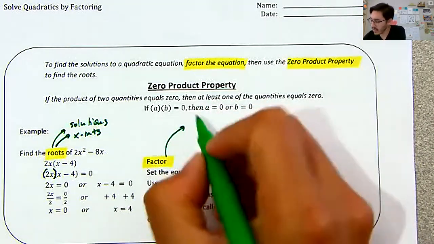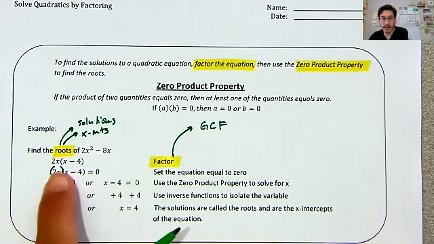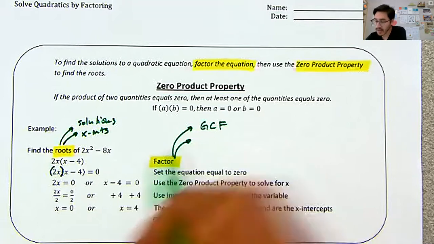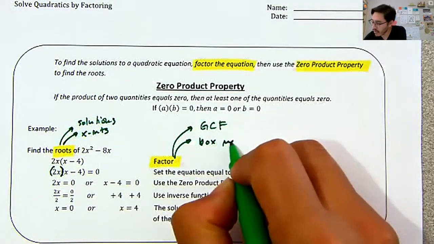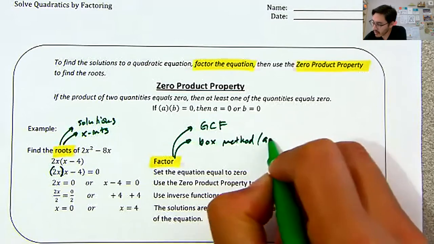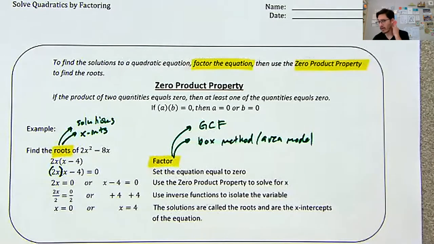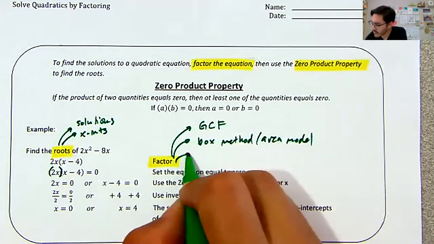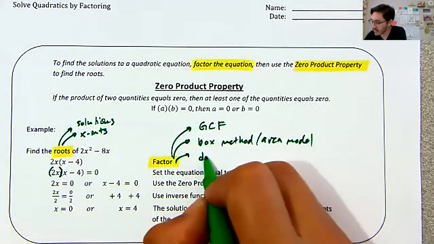The first being the greatest common factor, which is actually being used right here, okay? Another method of factoring is the box method or the area model. Okay, that's super useful when you have 3 terms in your quadratic expression. Okay, and another one kind of related to the area model is the difference of squares.